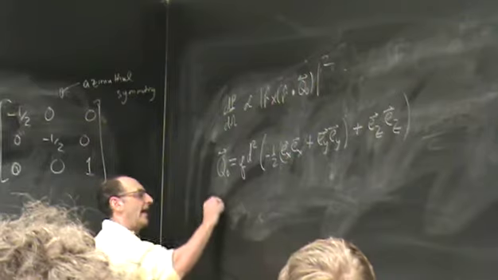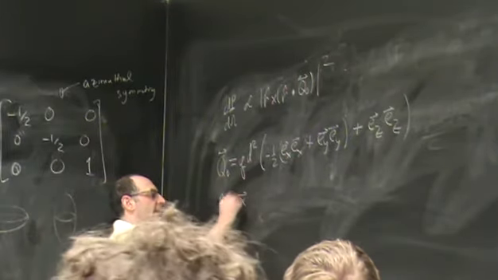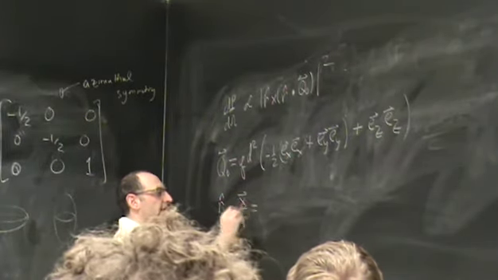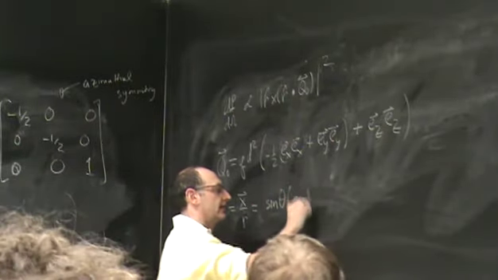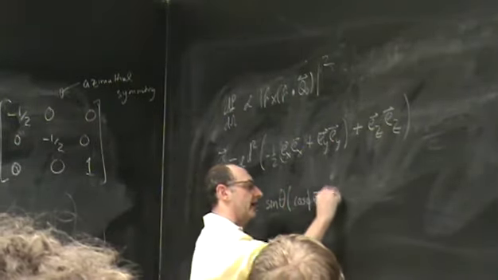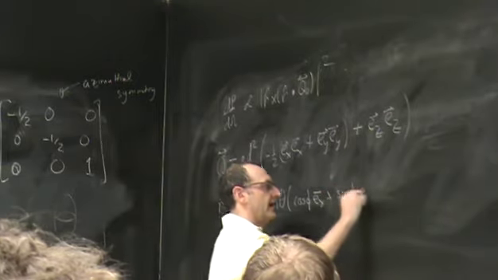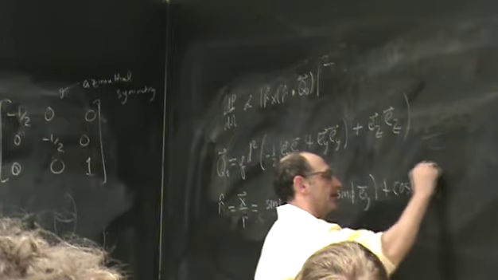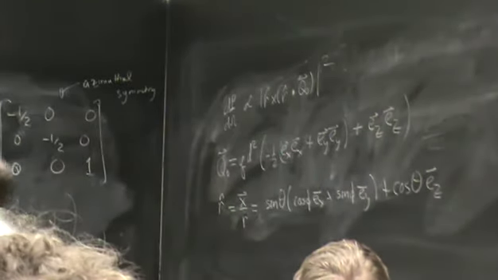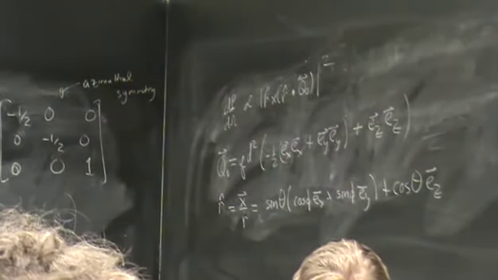We've got it: R hat is X over R, which is sine theta cos phi EX plus sine theta sine phi EY plus cos theta EZ. That is the R hat vector expanded out in Cartesian components.